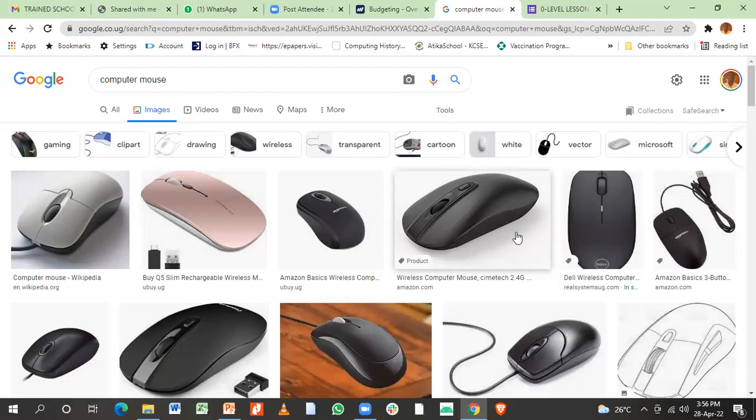But the good thing is, are you able to categorize the device you're using into input, output, processing, storage, communication? Are you able to describe how the device functions? That is the most important thing that you must know as a computer or ICT student.